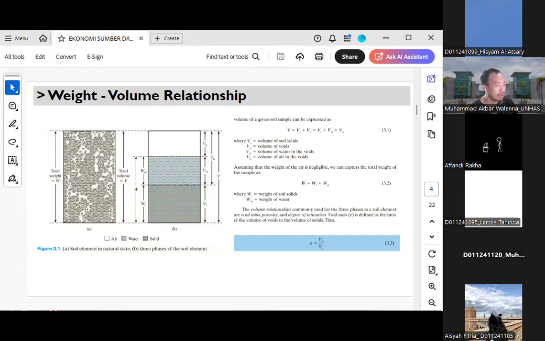Now, why is this parameter important? Because this will really help us to understand why some soils are strong and dense and why some soils are weak and compressible. If the soil particles are packed more tightly, leaving less space for air and water, they are associated with much stronger and denser soil.